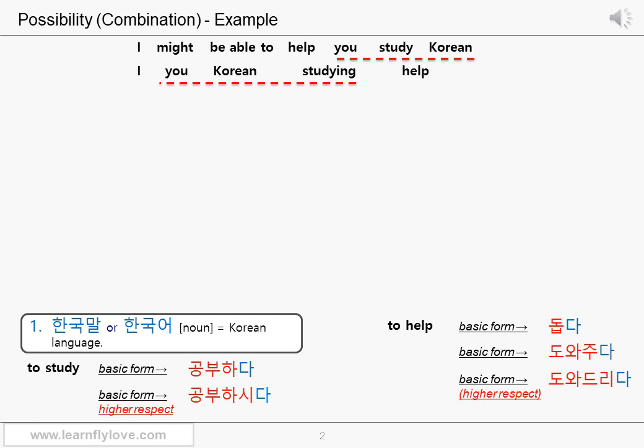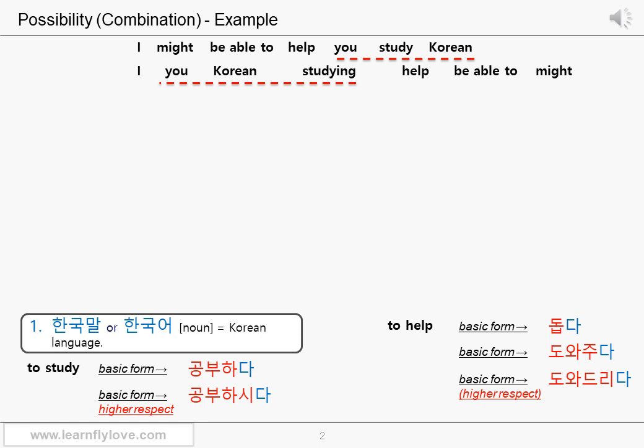So you add be able to and might right after the verb help. You put be able to first because possibility is your final judgment about the ability to help. So you put your final judgment might at the end of the sentence. Got it? So the sentence structure is going to be I, you Korean studying, help be able to might.